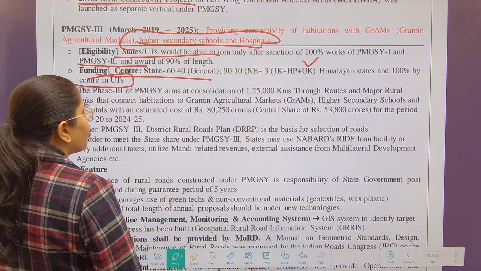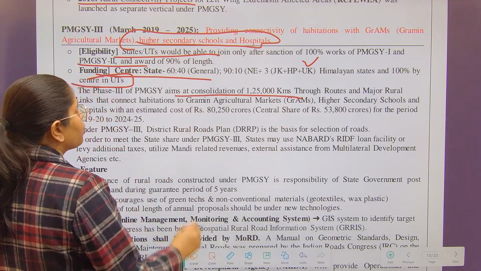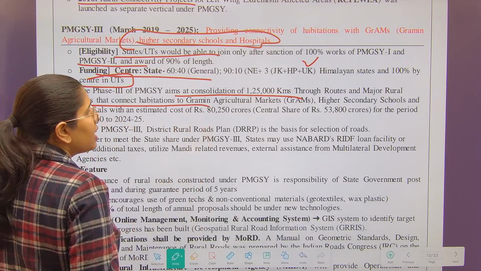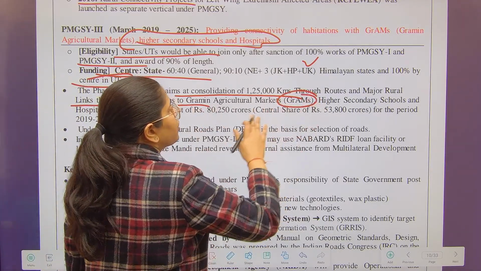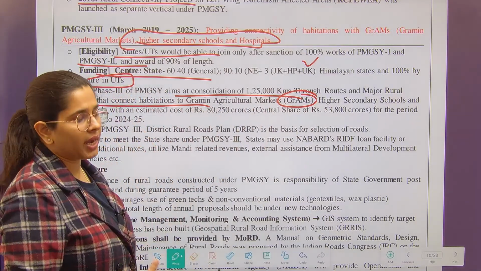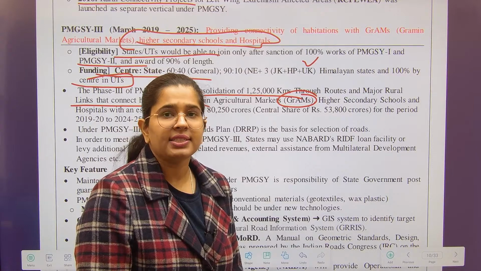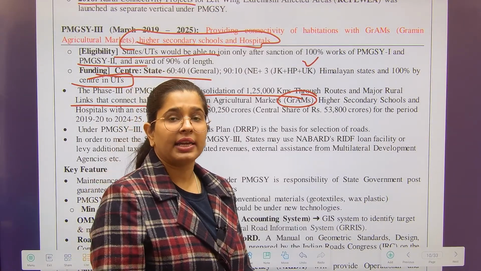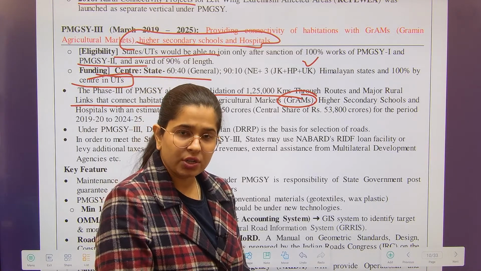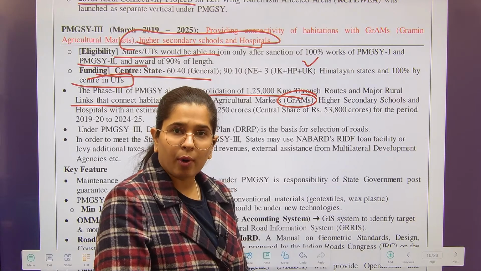What we are trying to do over here is consolidate 125,000 kilometers of through routes and major rural links so that we can connect the Grameen agricultural markets. This means the government is trying to revive the village as the center of trade, which can lead to employment generation and provide the commodities needed by the rural population.